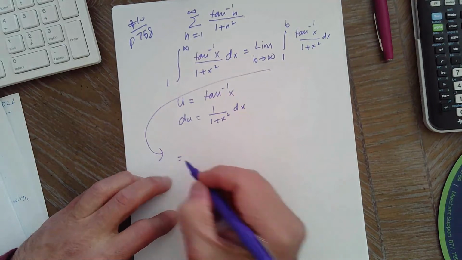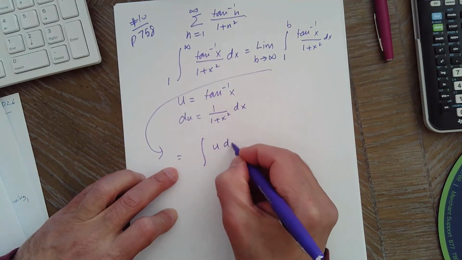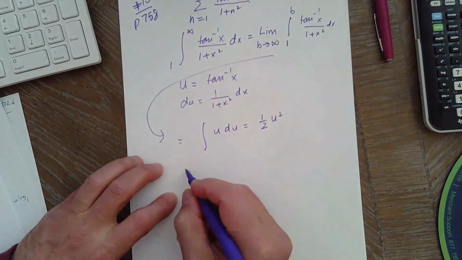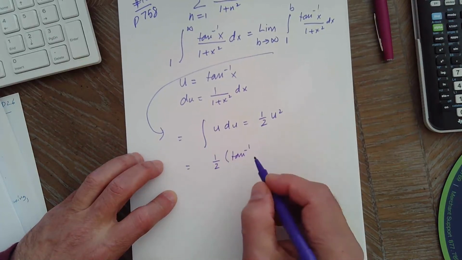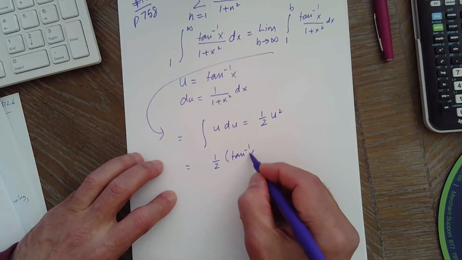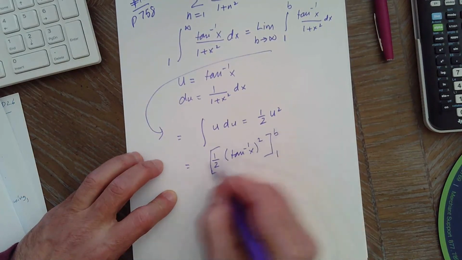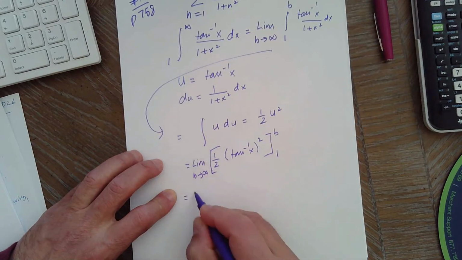So that integral is the integral of u du, which is 1/2 u squared. We'll put the limits in a second. So it's 1/2 (tangent inverse x) squared from 1 to b, and then limit as b goes to infinity.